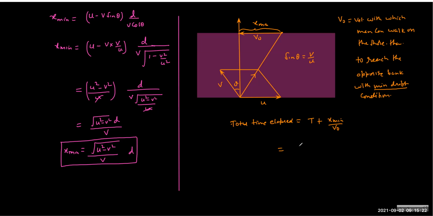So the t we got as d upon v cos theta, which is u by v into u square minus v square, plus x minimum by v naught, which is u square minus v square. So this is the answer. You can get t in total.